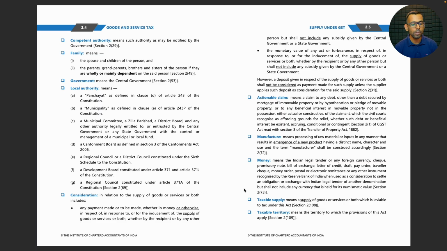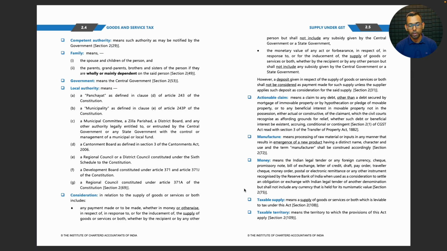A regional council or a district council constituted under the 6th Schedule to the Constitution. A development board constituted under Article 371 and Article 371J of the Constitution. A regional council constituted under Article 371 of the Constitution. Section 2, clause 69. So apart from government, there are so many local authorities. The definition has been pretty specific.